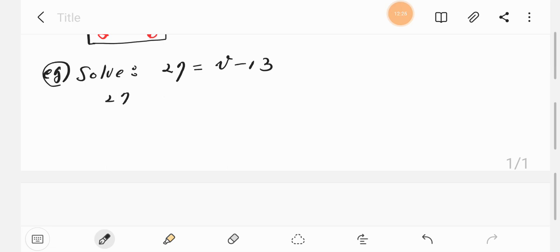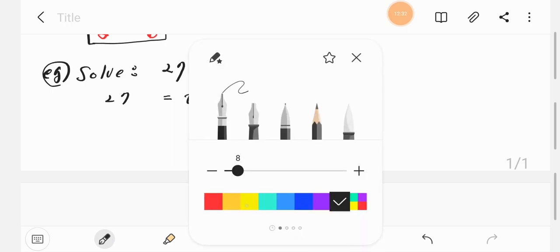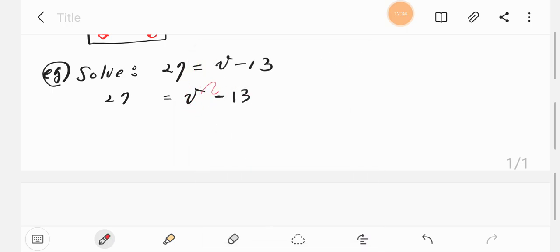So 27 is equal to v minus 13. I just want to leave v alone and get rid of the negative 13. So let's get rid of negative 13 by adding 13 to each side. Since this is minus 13, we need plus 13 to make it 0.